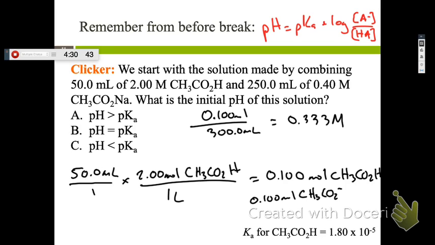So, what Moab said first, we identified it as a buffer. Because we identify as a buffer, we're going to use that equation to find the pH. And if that ratio is 1 to 1, our pH is going to be equal to pKa. If the ratio is off, we're going to have pH greater than pKa or less than pKa.